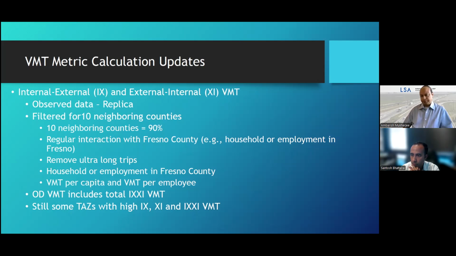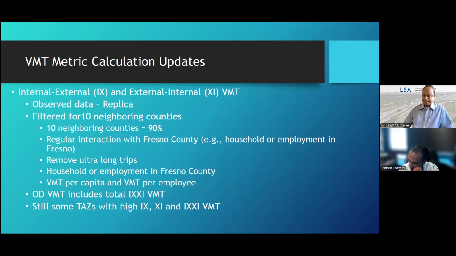We didn't have a good data set. We relied on the worker fraction table that was available from the COG model to disaggregate that. But with Replica, we have a little more detail on where the household side is and where the employment side is, and a little more detail in the data that was used to assign those trips and VMT towards the household and employment side.